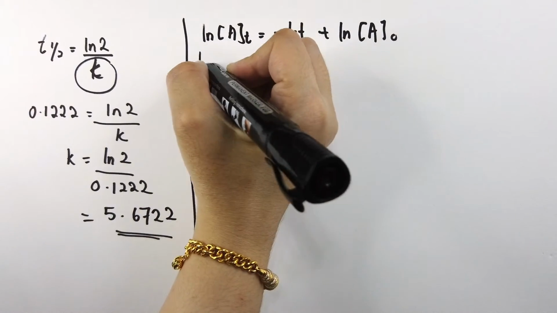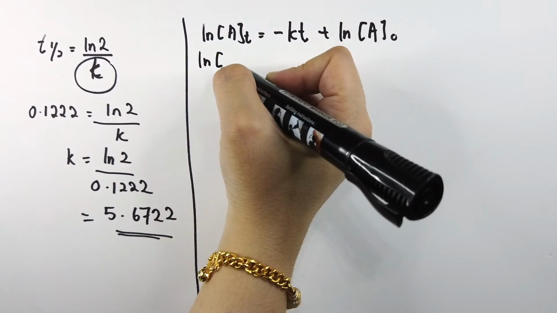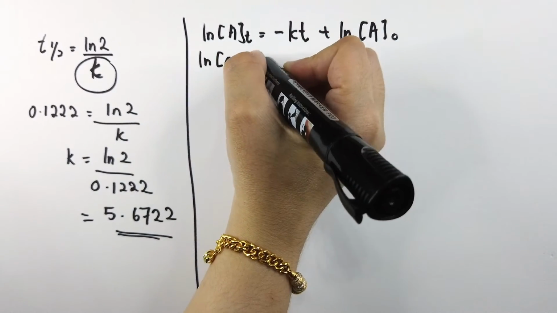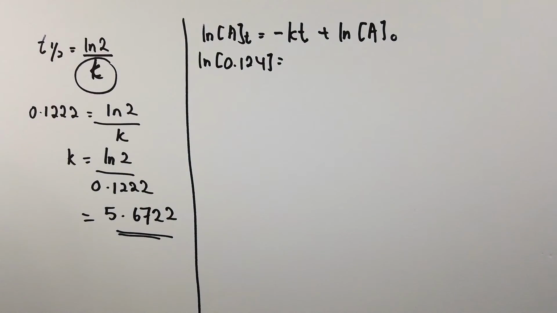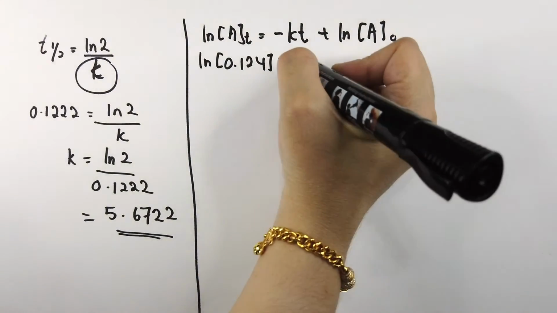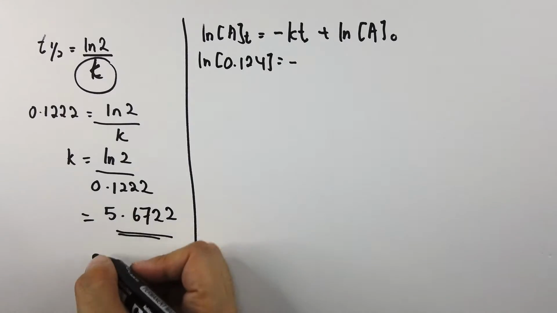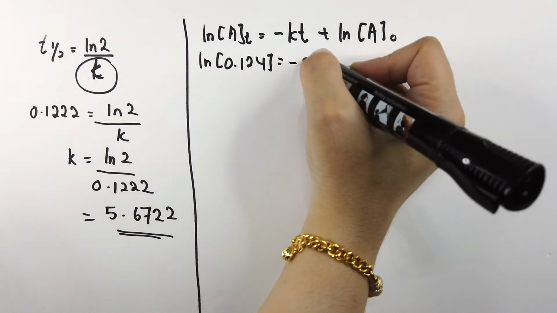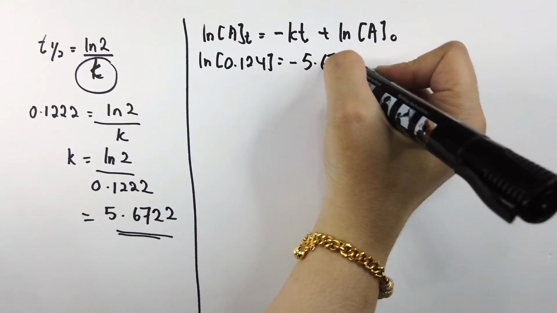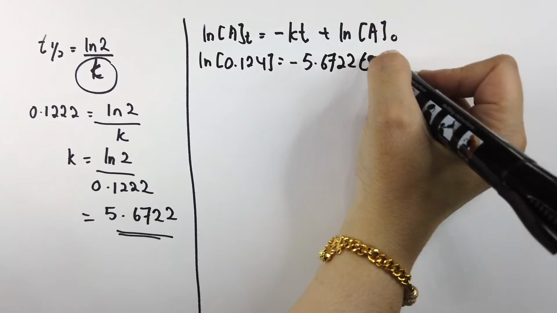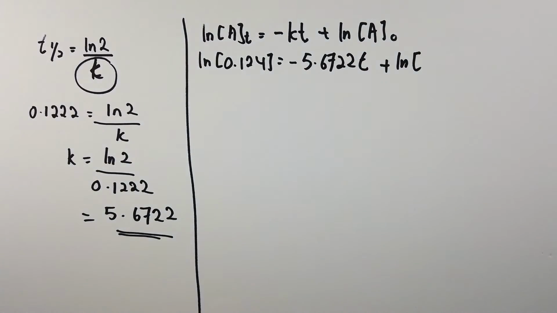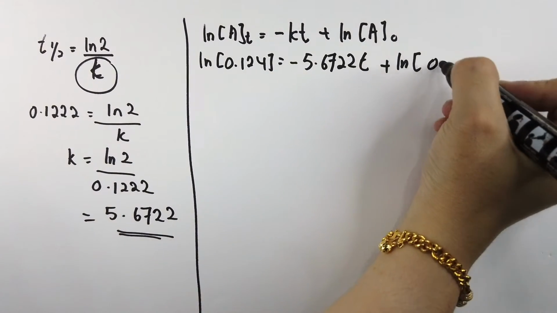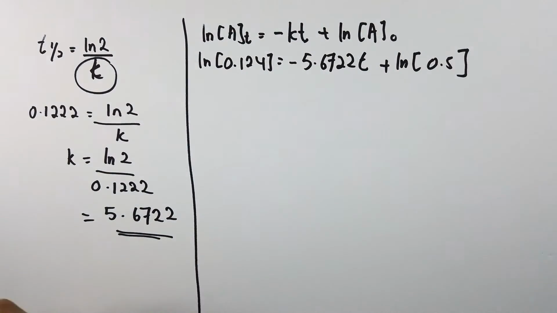So it shall be ln 0.124. You can check in the question, the final concentration is that. And then negative k, your k is 5.6722, times t, plus ln A naught, which is equivalent to 0.5, just like it's stated in the question.